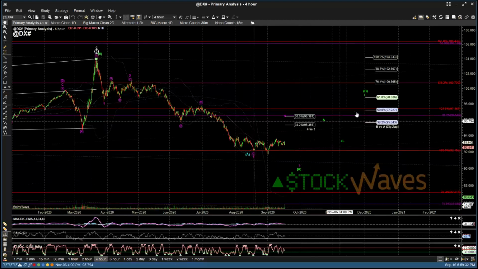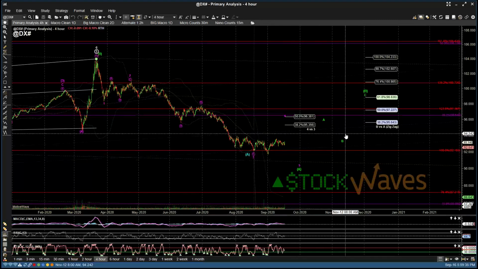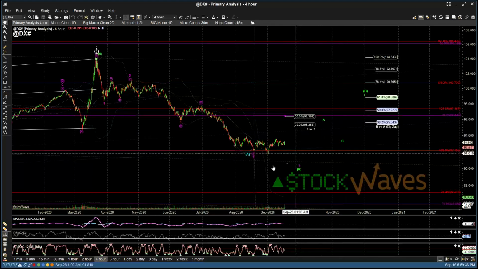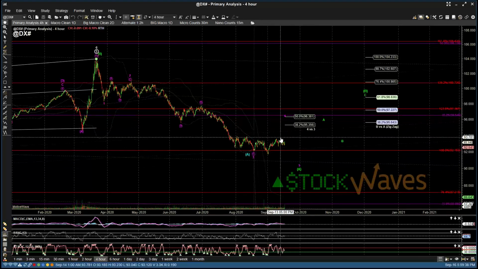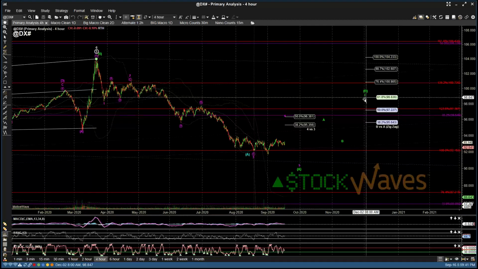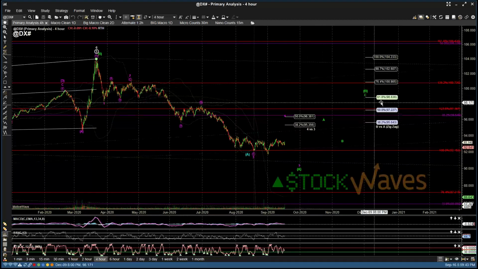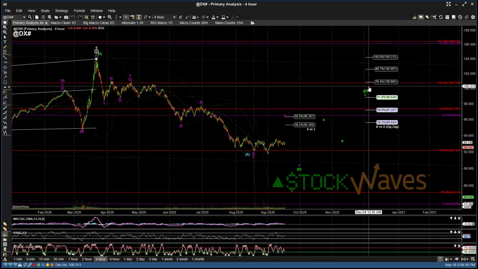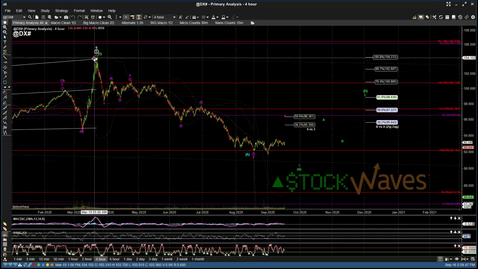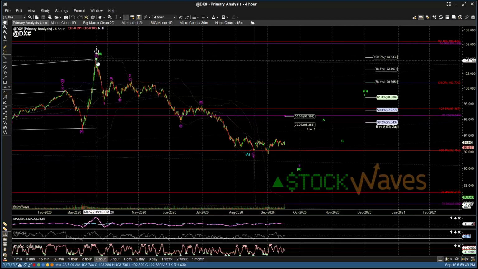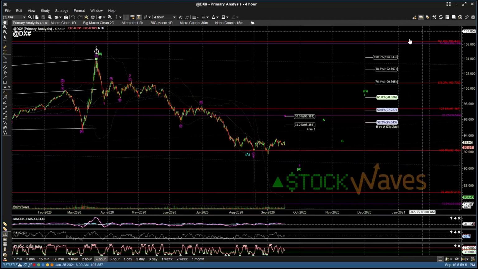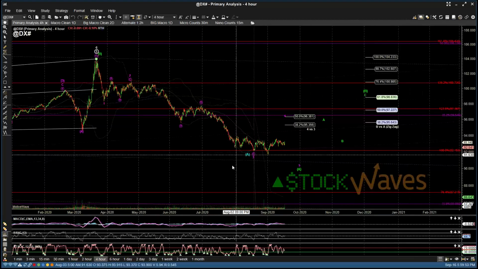Certainly the way that this moves up off of that low could change my view on that. If this looks like it is setting up more than just a corrective bounce as a B wave, and starts getting over the 90s, then we have to realistically consider that it might break over the 104 and continue to extend significantly higher.